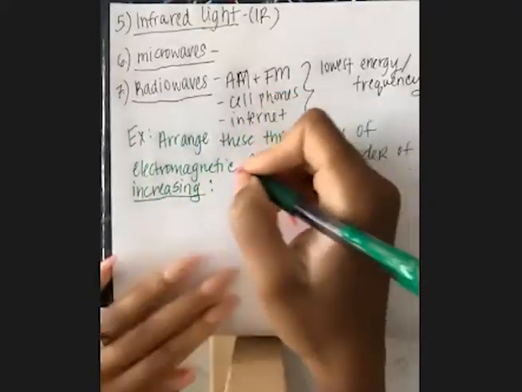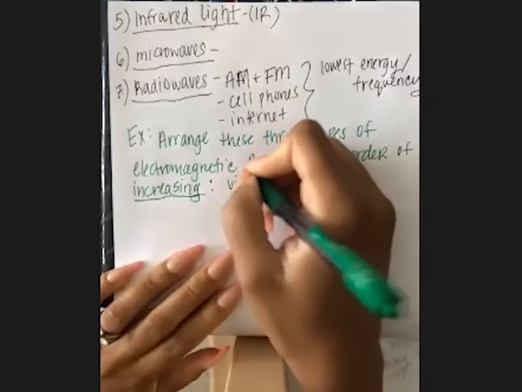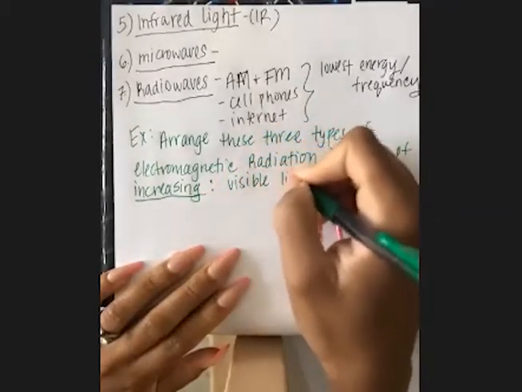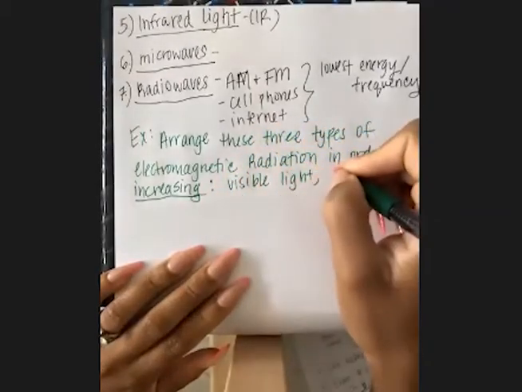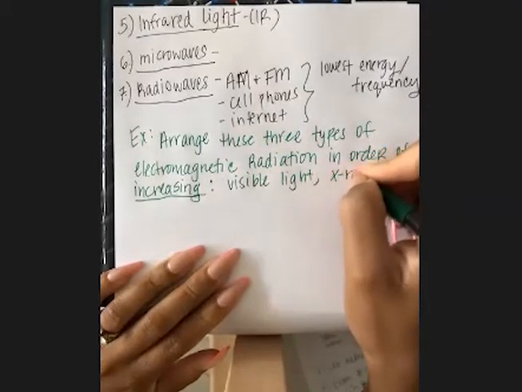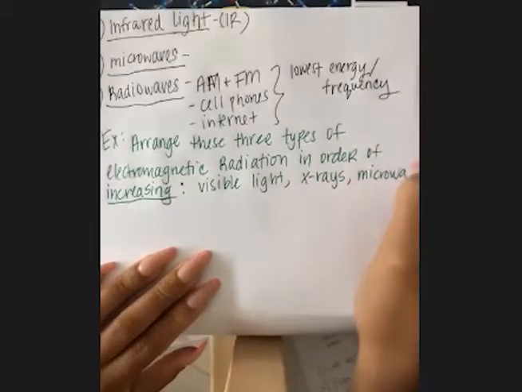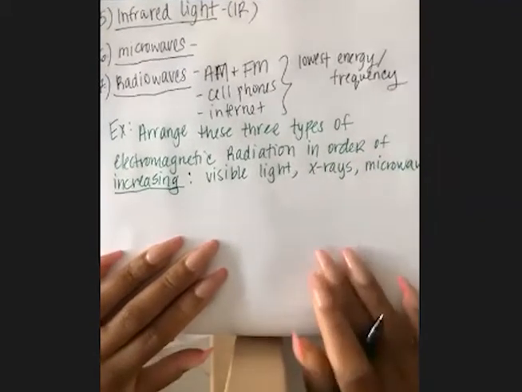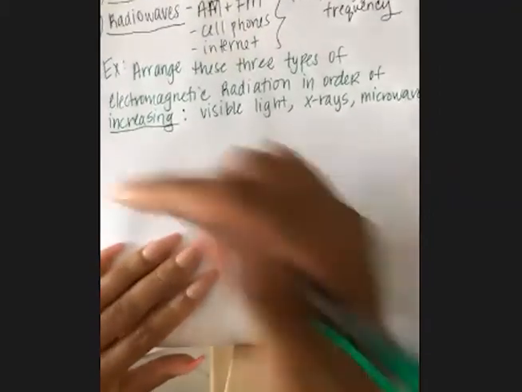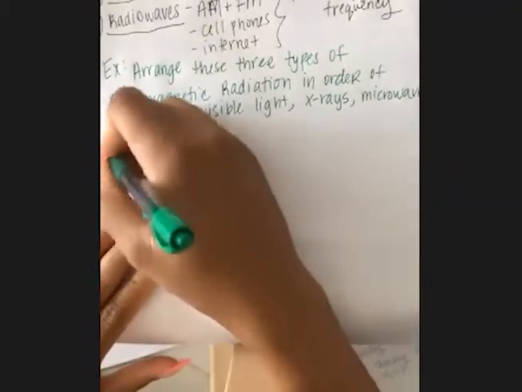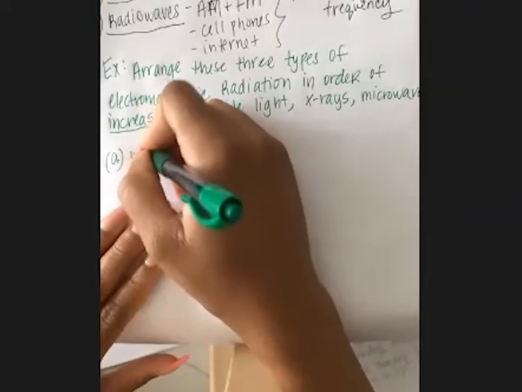So let's say we have visible light, we have X-rays, and we have microwaves. And I want to arrange them in order of increasing A, which would be wavelength.